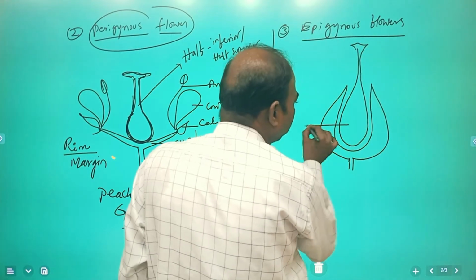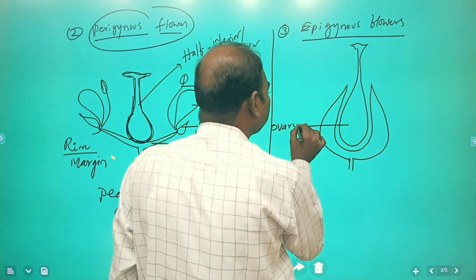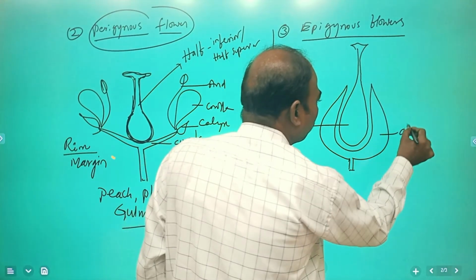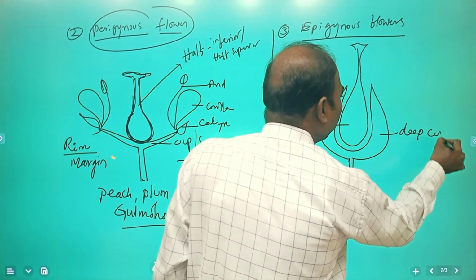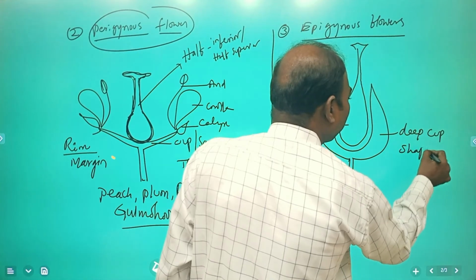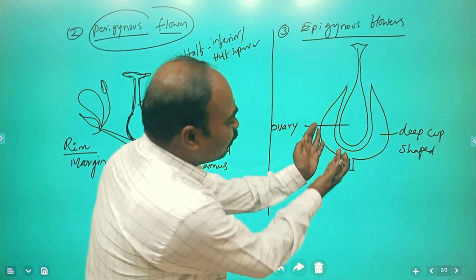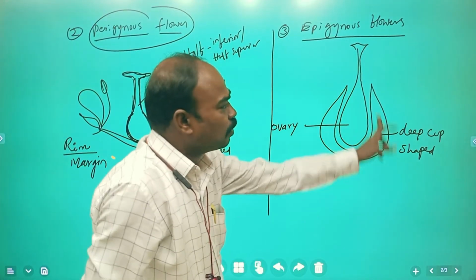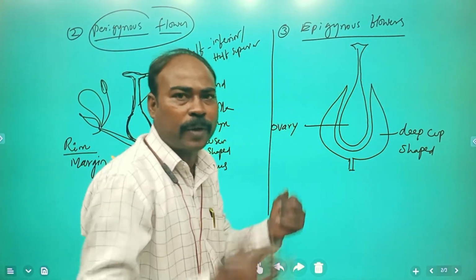The thalamus is a deep cup shaped thalamus, which grows along with the ovary wall, encircles it and totally covers the ovary.